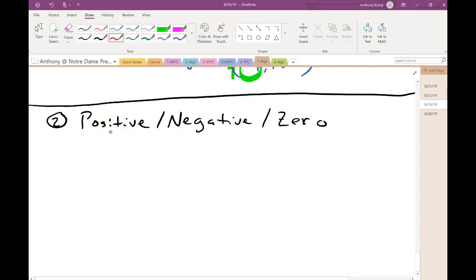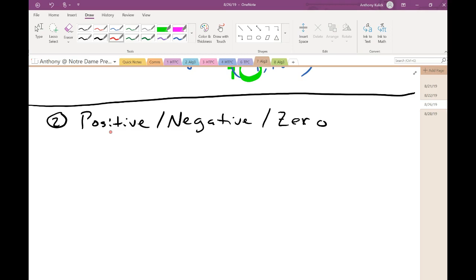So when we talk about positive, negative, and 0, we're talking about where the y-coordinate is positive, where the y-coordinate is negative, and where the y-coordinate is 0. When we ask these where questions, the way we answer that is with the x-coordinate.